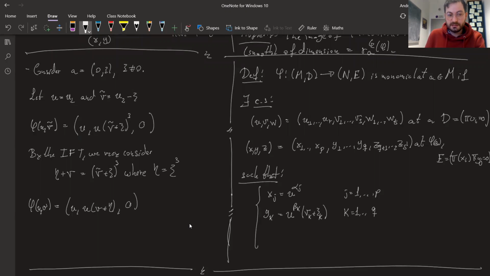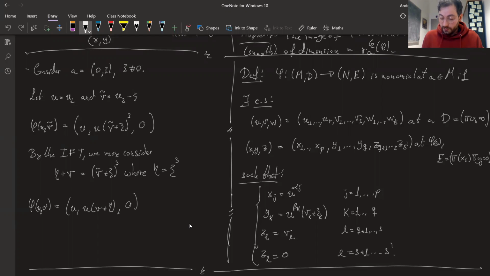So here I'm admitting this necessary change of coordinates, and that's why I'm calling them y instead of x. And then the z_l might be equal to v_l for l equals q plus 1 up until s, and otherwise it's going to be 0 for l equals s plus 1 to this s prime that enters there.